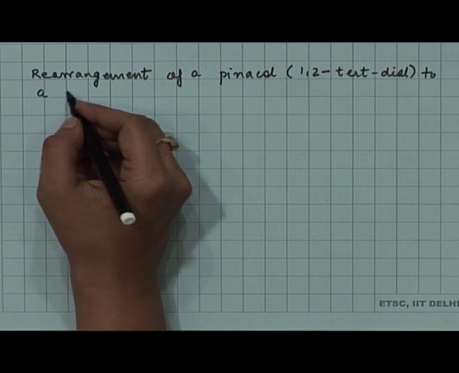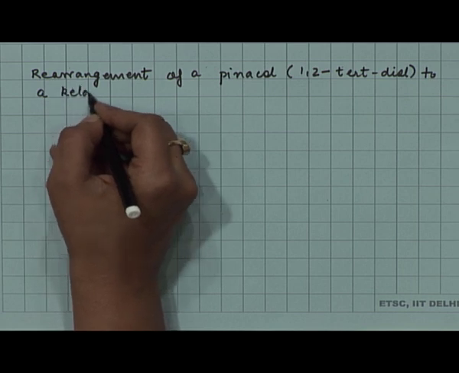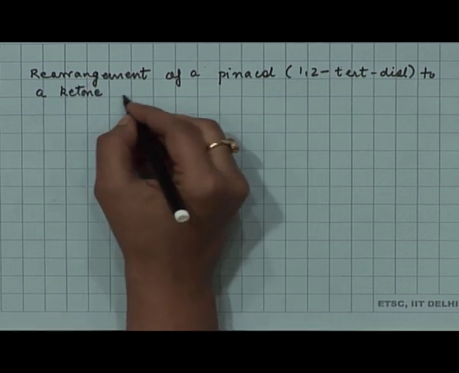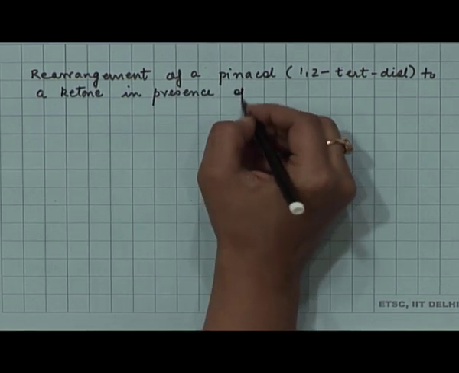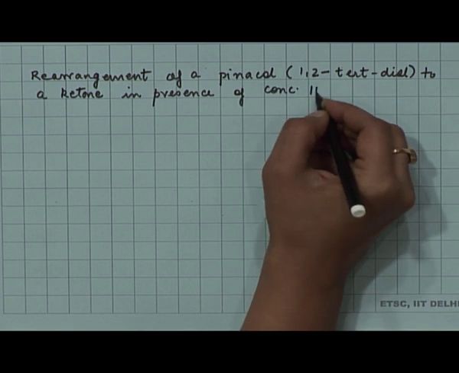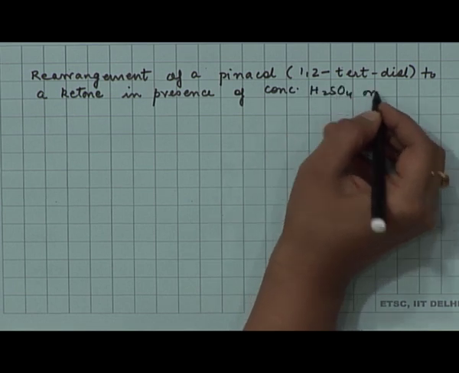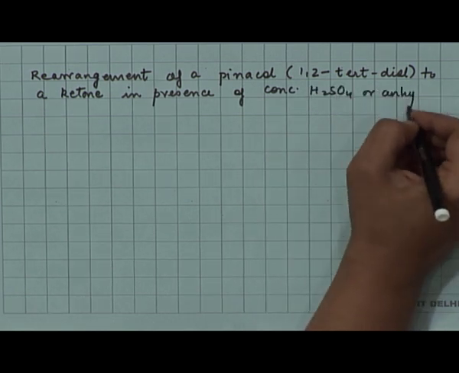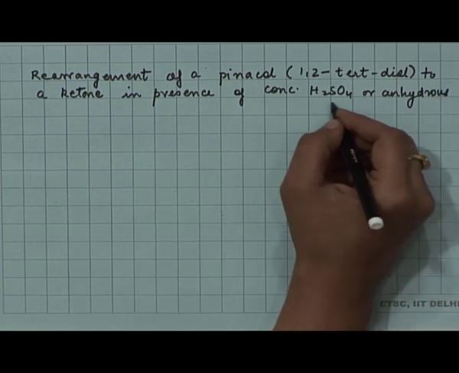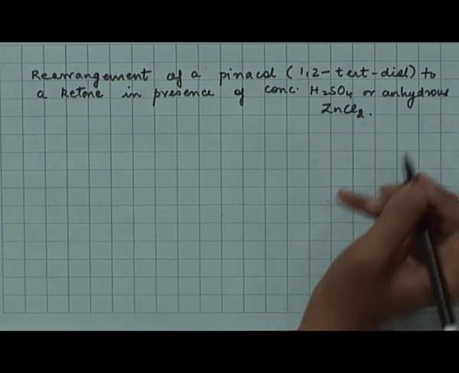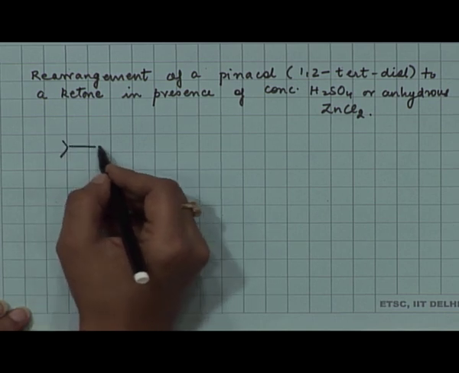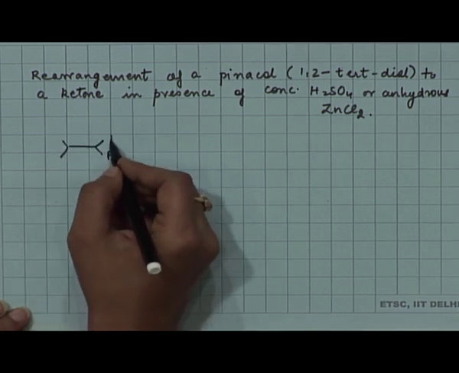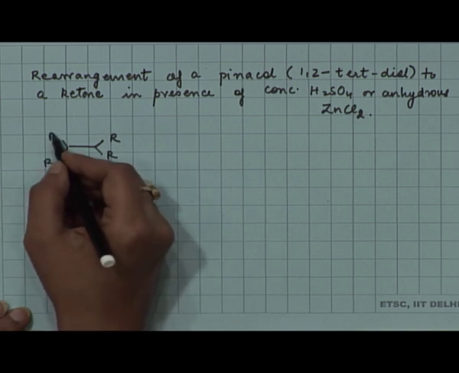So, a pinacol is converted to a ketone, and what is the reagent? The reagent is concentrated H2SO4 or anhydrous zinc chloride. So, the reaction takes place in concentrated H2SO4 and anhydrous zinc chloride to convert a pinacol to a pinacolone, and this is what it looks like.